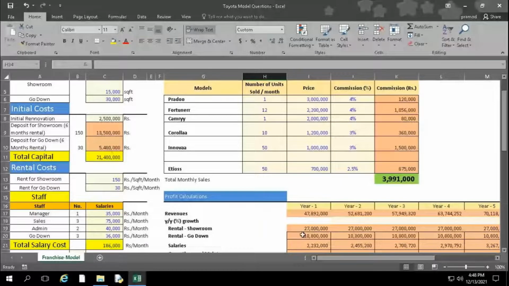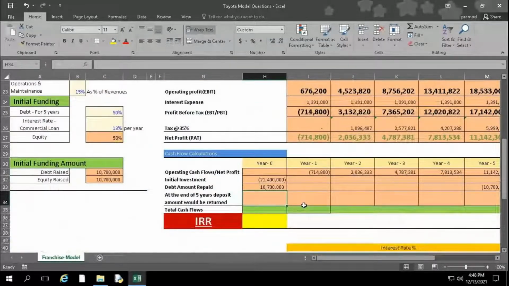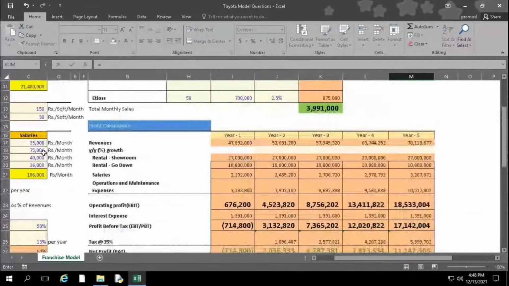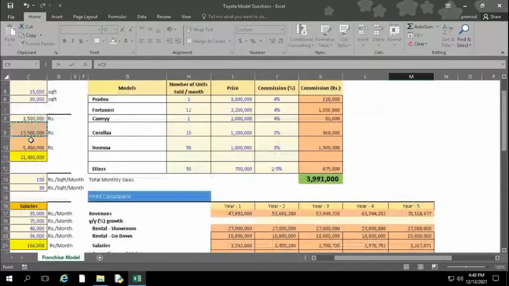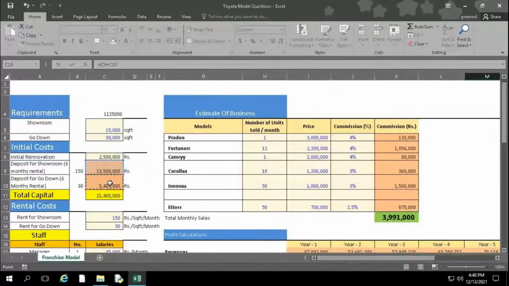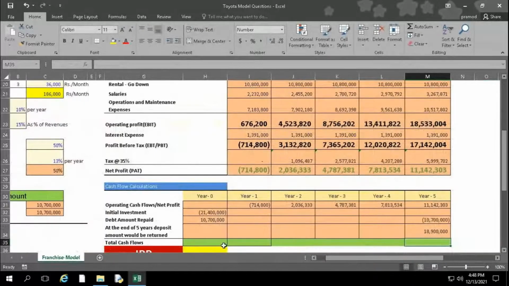So in the first year it is nothing. They are being returned to me, so it is cash flowing. At the end of the year, I'll make this plus this one. So this is my return amount. So here you need to do the cash flow. So sum of all.